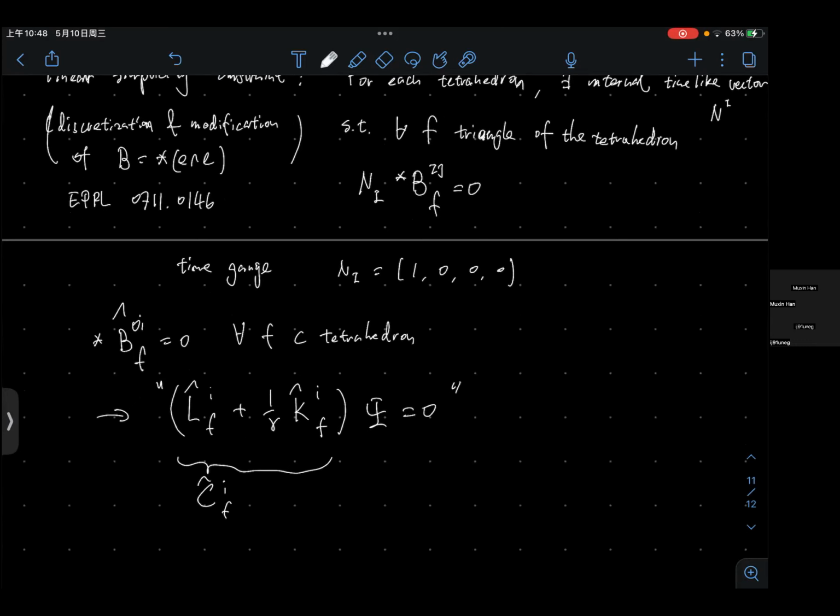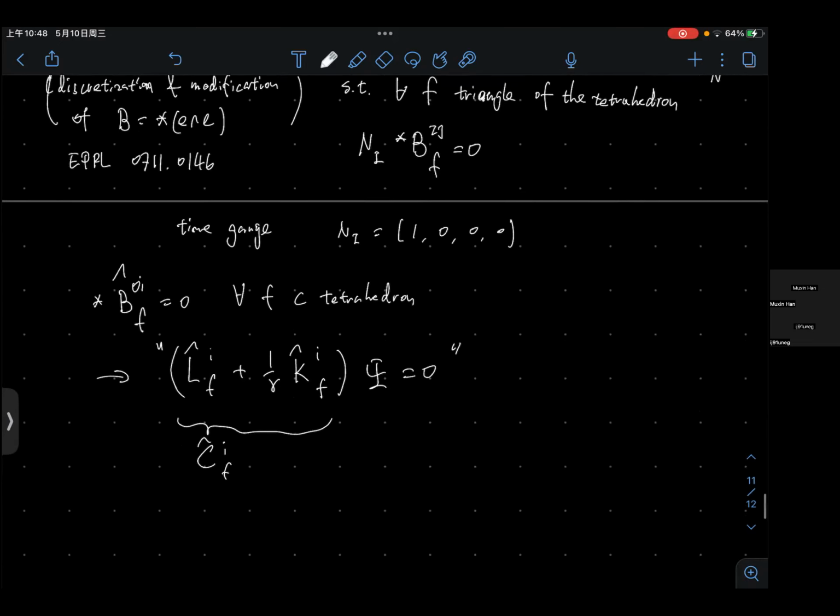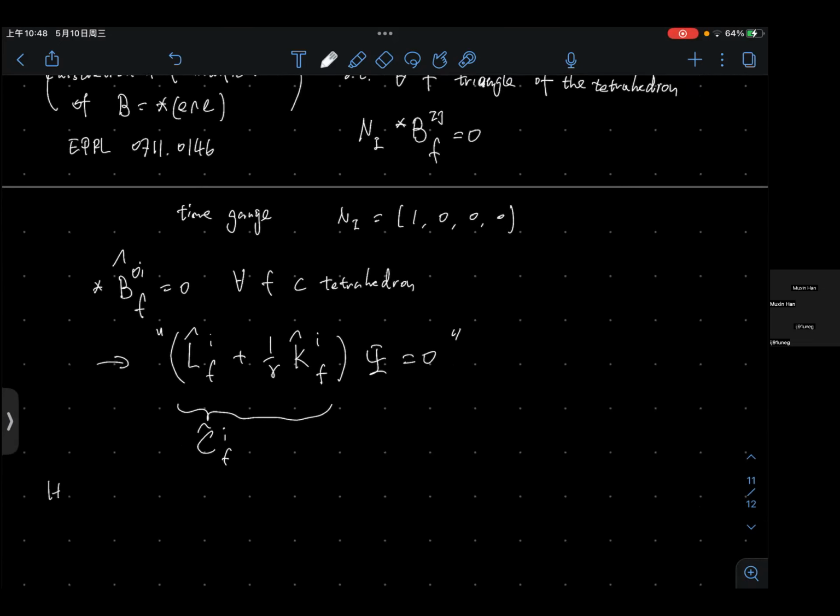The reason why I put a quotation mark here is that this is not exactly what we are going to do. The reason is that this constraint operator is not first class. Those constraints C_f^i are second class, which means that we have to be extremely careful.